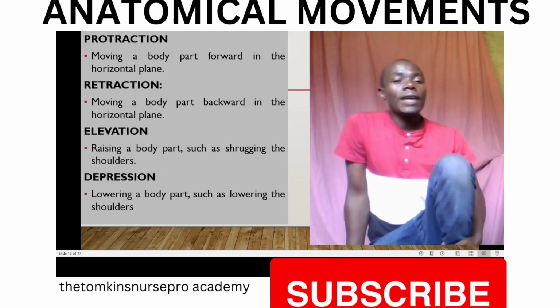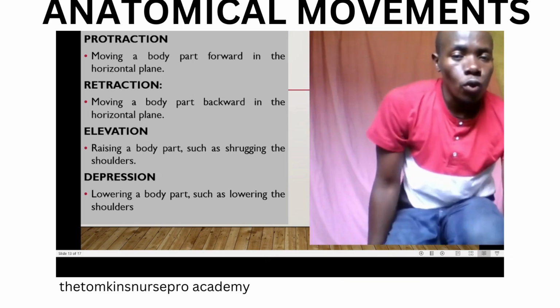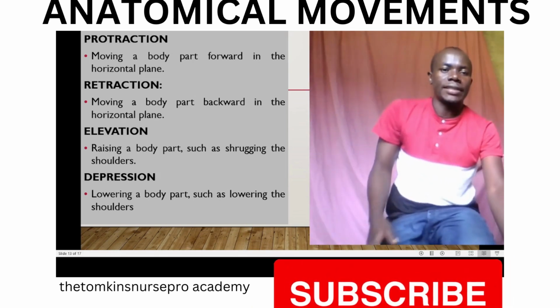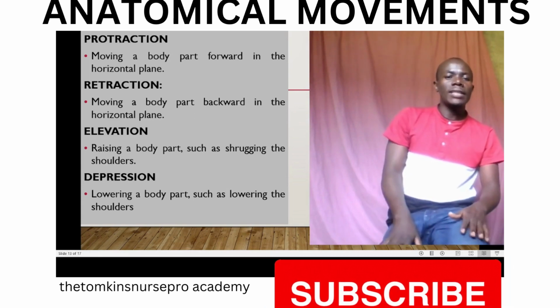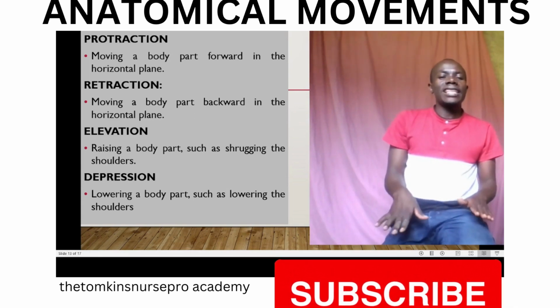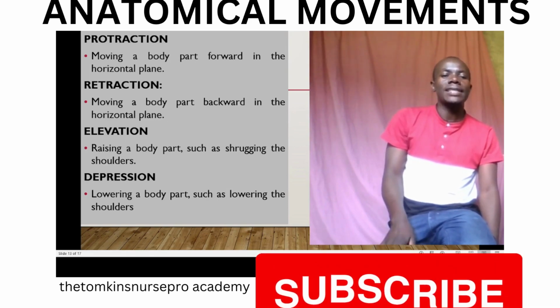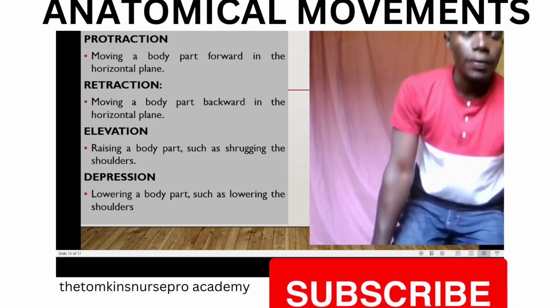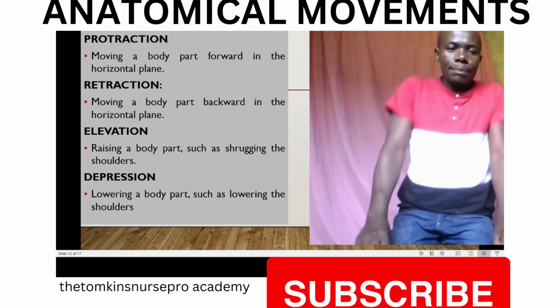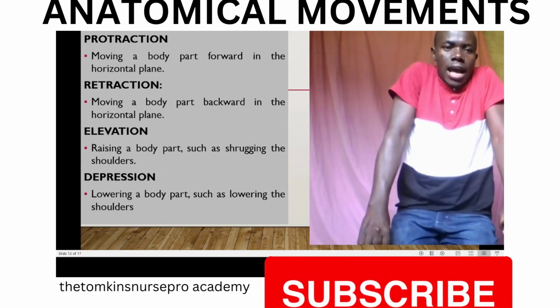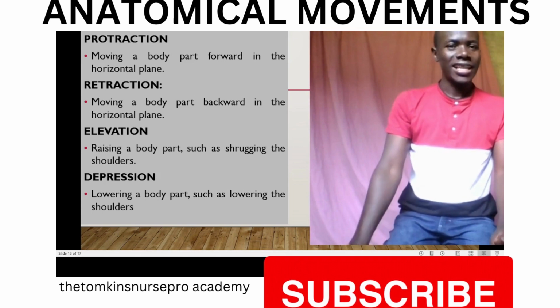Next, we have elevation and depression. When raising a body part, we term it elevation, such as shrugging of the shoulders. And depression is lowering the body part, such as lowering the shoulders.